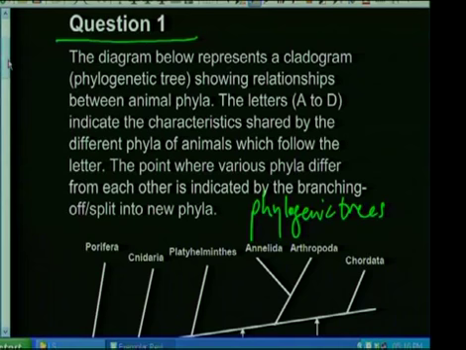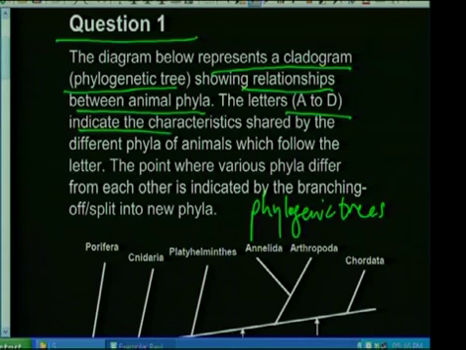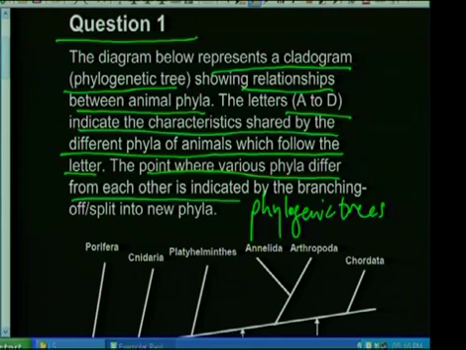The diagram below represents a cladogram or a phylogenetic tree showing relationships between animal phyla. So this particular one is dealing with certain animal phyla that you have studied. The letters A to D indicate the characteristics shared by the different phyla of animals which follow the letter. The point where various phyla differ from each other is indicated by the branching off or split into new phyla.